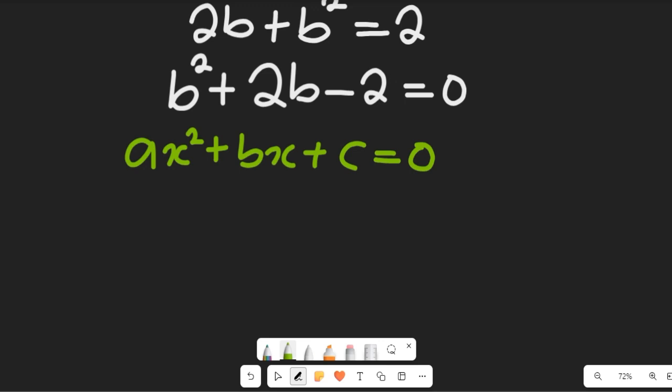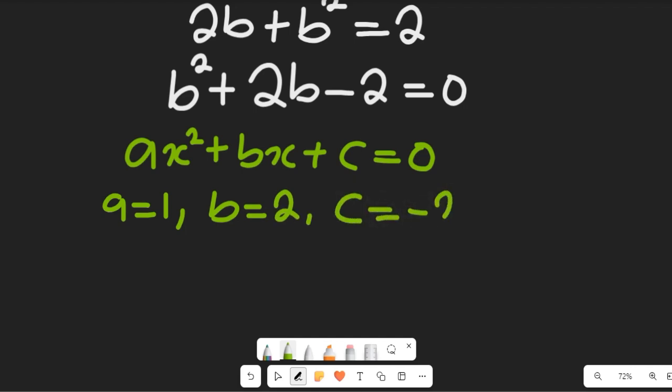You'll find out that from this expression, a will be equal to 1, b will be equal to 2, and then c will be equal to the constant negative 2.